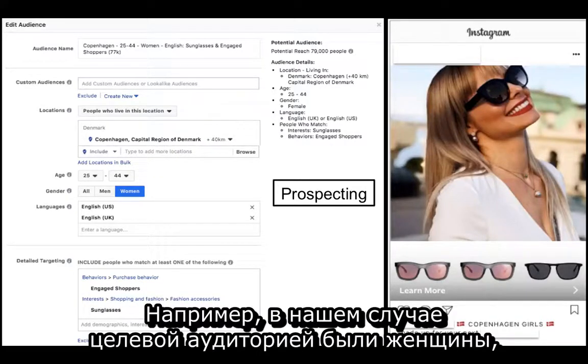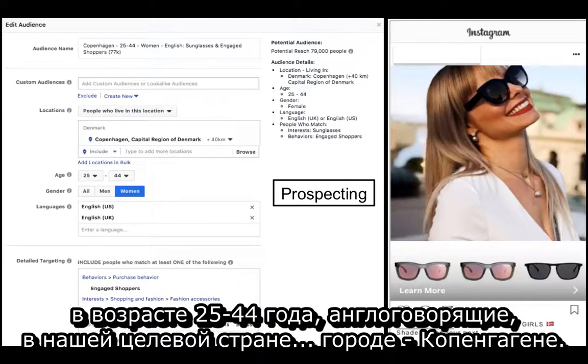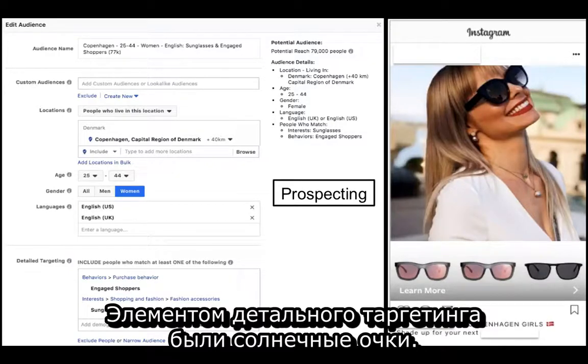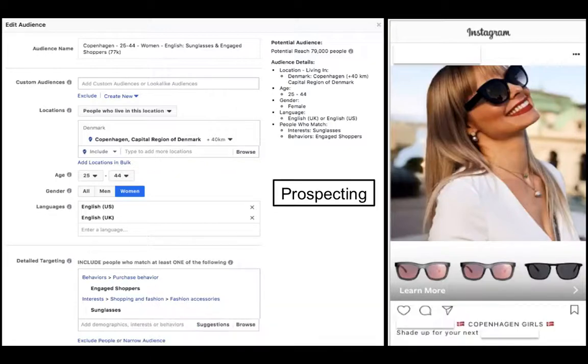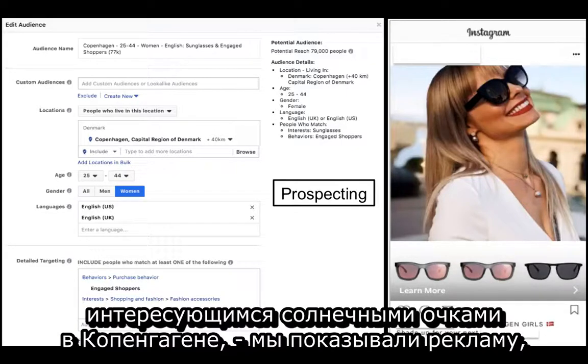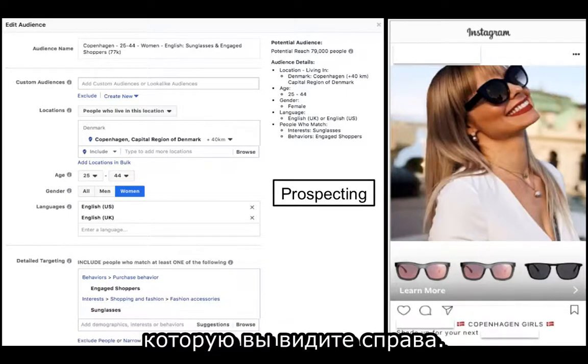For example, in this case, we focus on women between 25 and 44 that speak English in our target country, in our target city, Copenhagen, so in Denmark. And the detailed targeting was that they were interested in sunglasses, and they're also very engaged shoppers. And to this specific kind of group, so only to these women that are interested in sunglasses in Copenhagen, we've shown the ad that you see on the right.